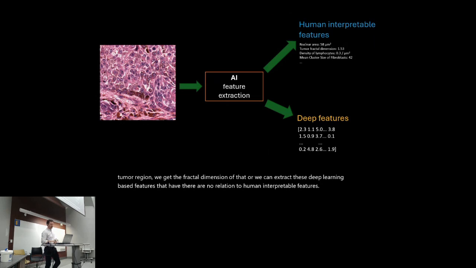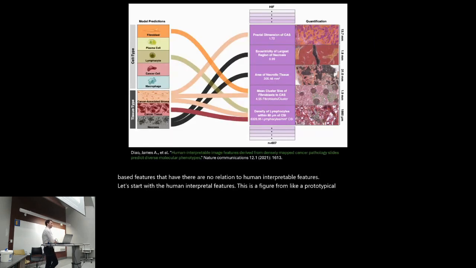Let's start with the human interpretable features. This is a figure from a prototypical work extracting these human interpretable features, from some folks at the PathAI company in Boston. What they did is they trained some deep learning models to identify various types of cells in a histology image and various tissue types.